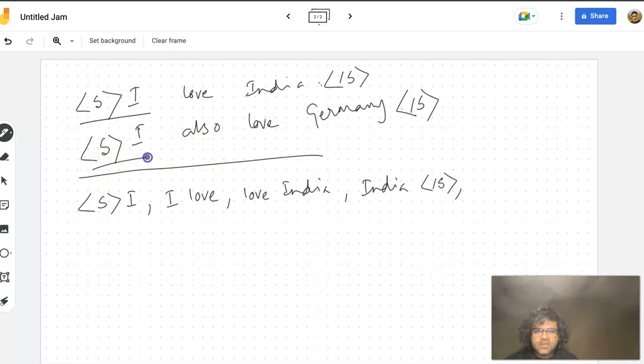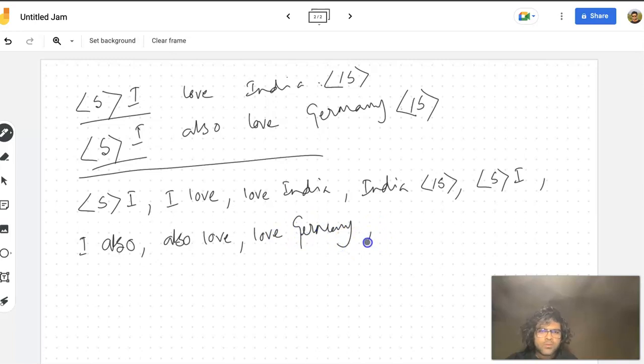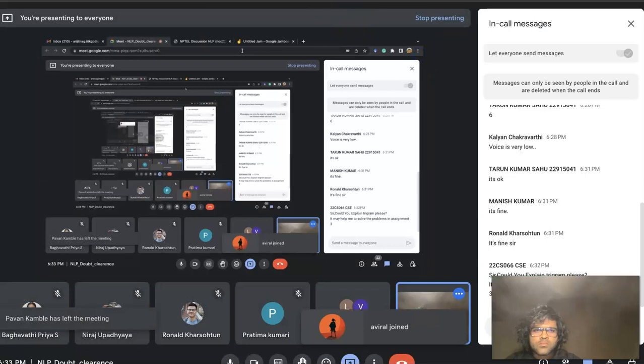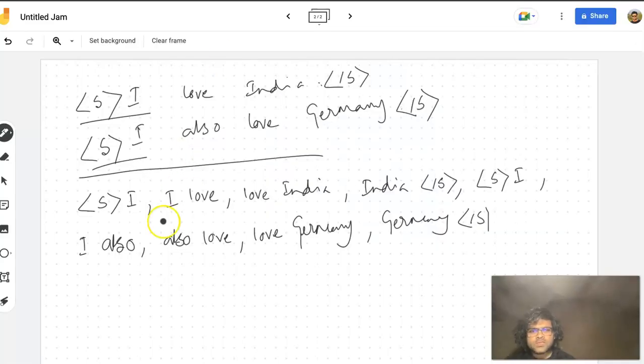Then again start and I, then I also, then also love, love Germany, and Germany end. Okay, so these are the different bigrams in your corpus.